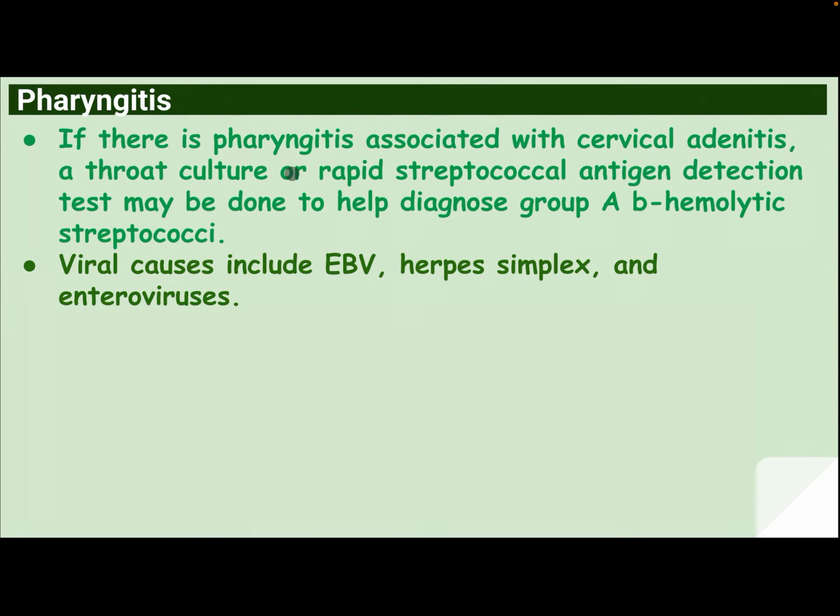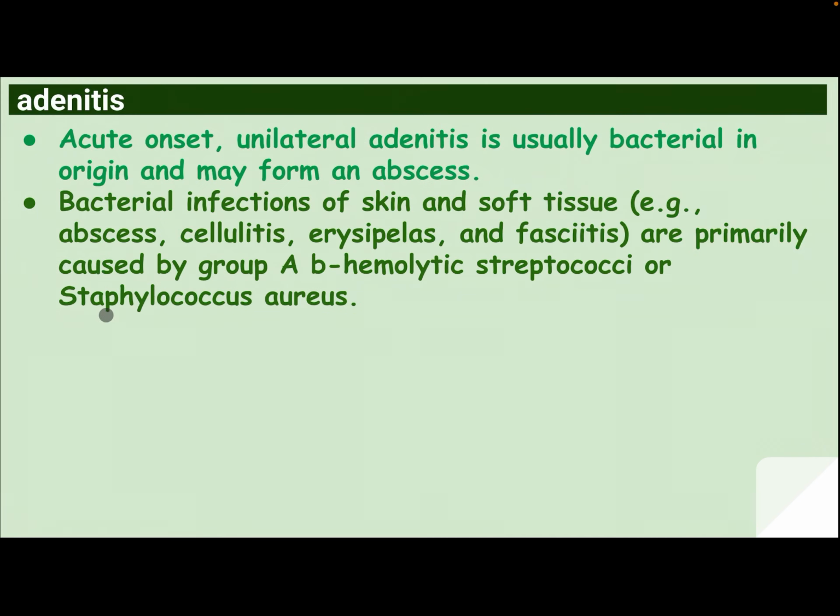Pharyngitis. If there is pharyngitis associated with the cervical adenitis, a throat culture or a rapid streptococcal antigen detection test may be done to help diagnose group A beta hemolytic streptococci. Viral causes include Epstein-Barr virus, herpes simplex, and enterovirus. Acute onset adenitis.